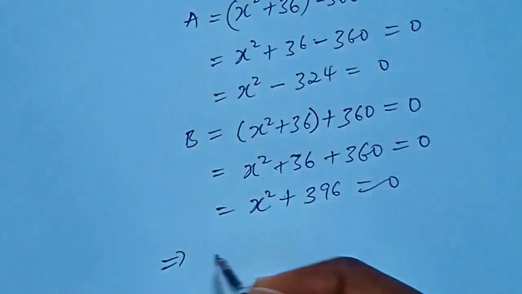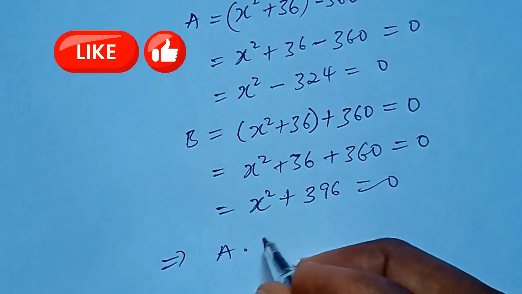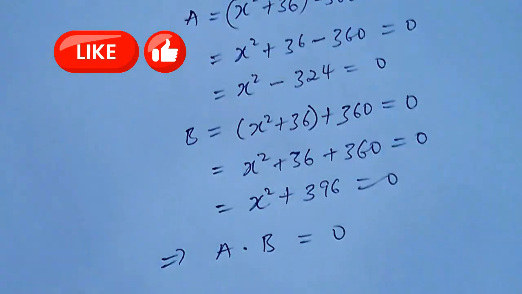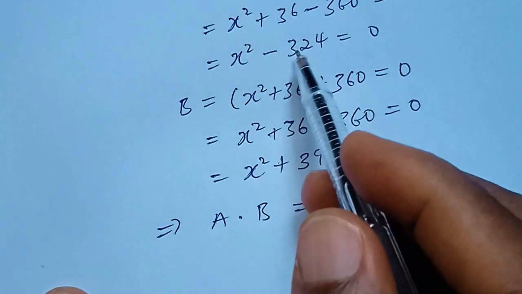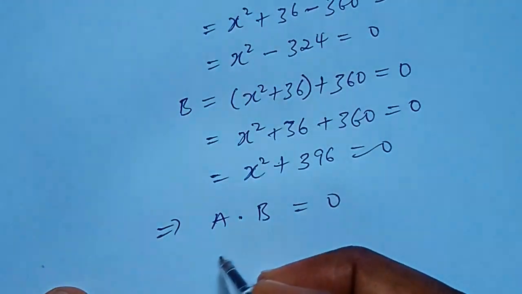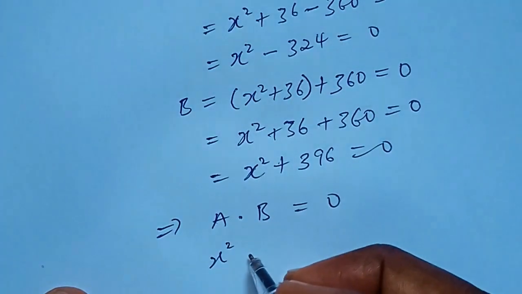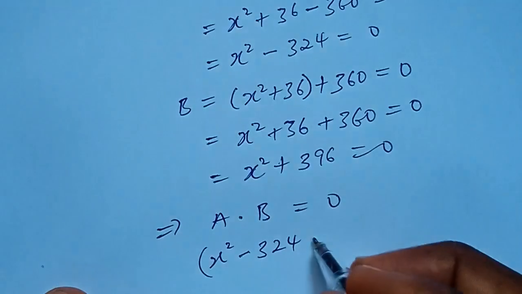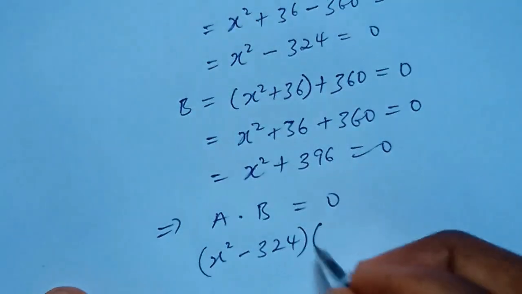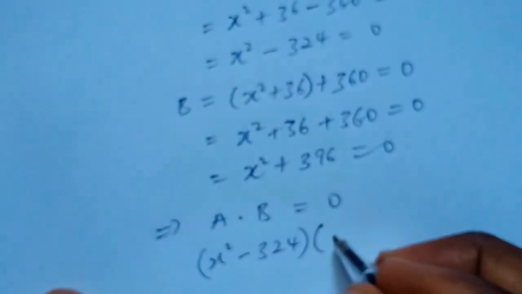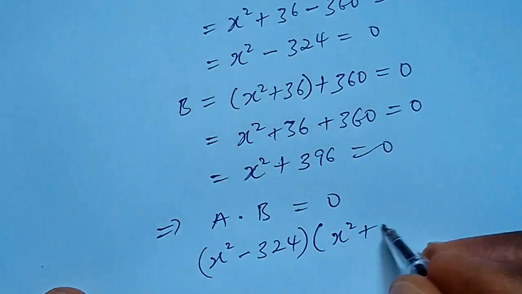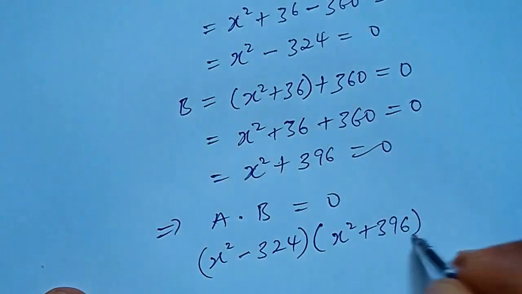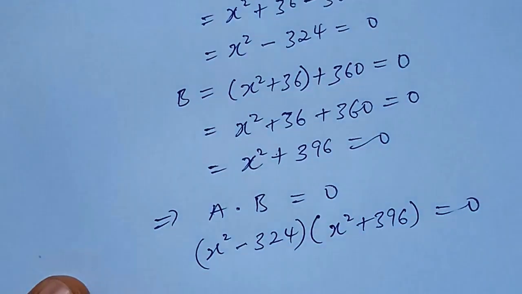So now we want to merge a and b together. This implies that a times b equals 0. So this a, we have x raised to the power 2 minus 324, multiplied by b, which is x raised to the power 2 plus 396, all equals 0.